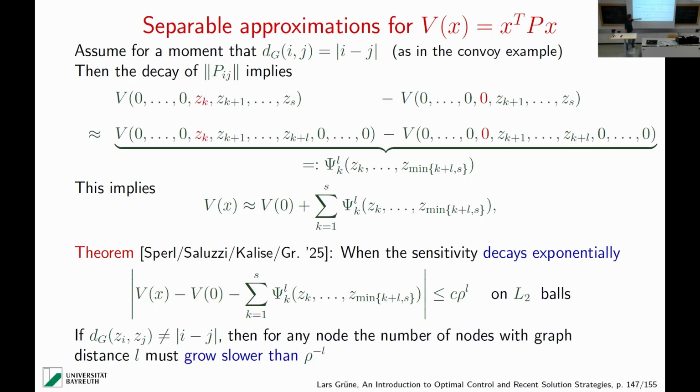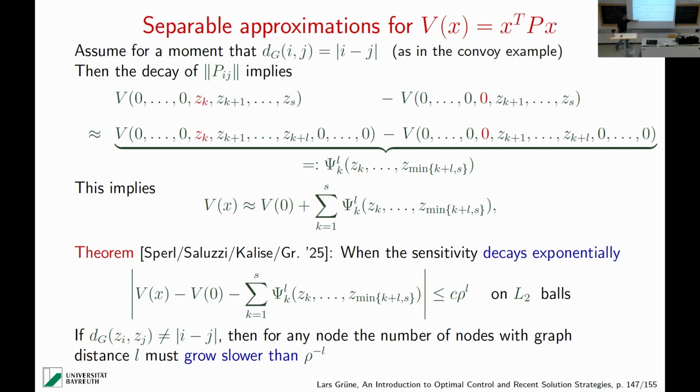If we do not have this very simple graph structure, then we also need to take into account how many neighbors we have in the graph. In this simple graph, every truck has just 2 neighbors, right? But it could be a graph where the number of neighbors is larger, and the number of neighbors mustn't grow too fast.